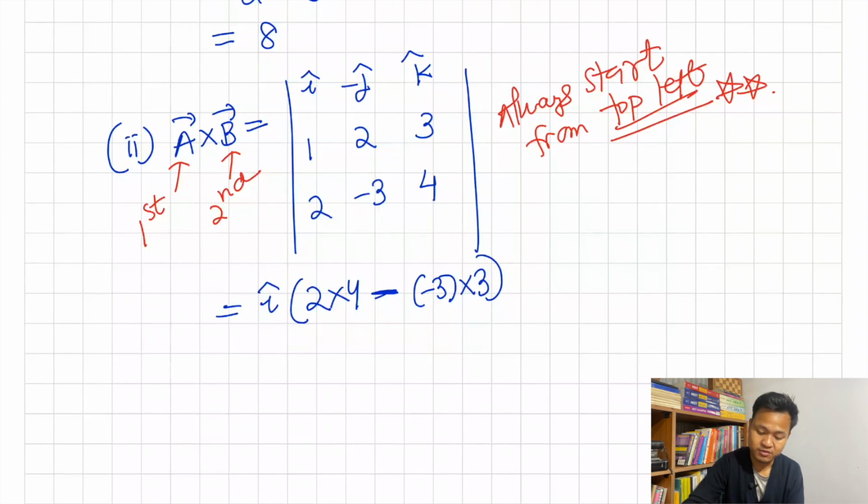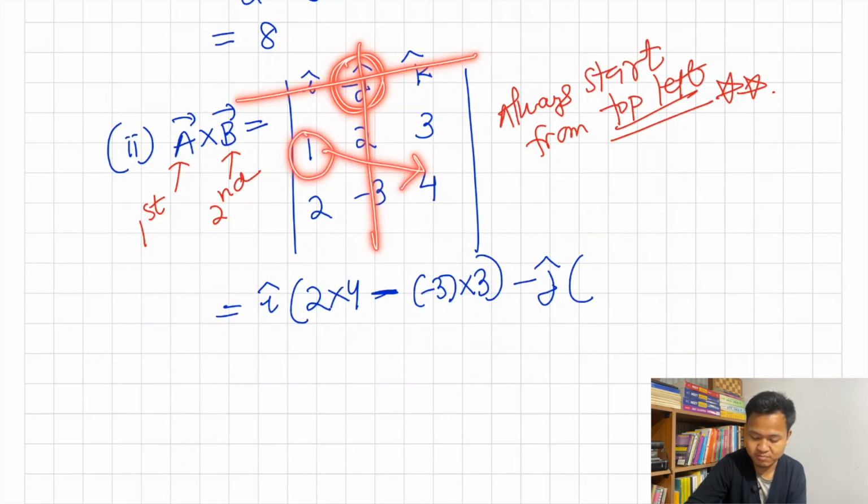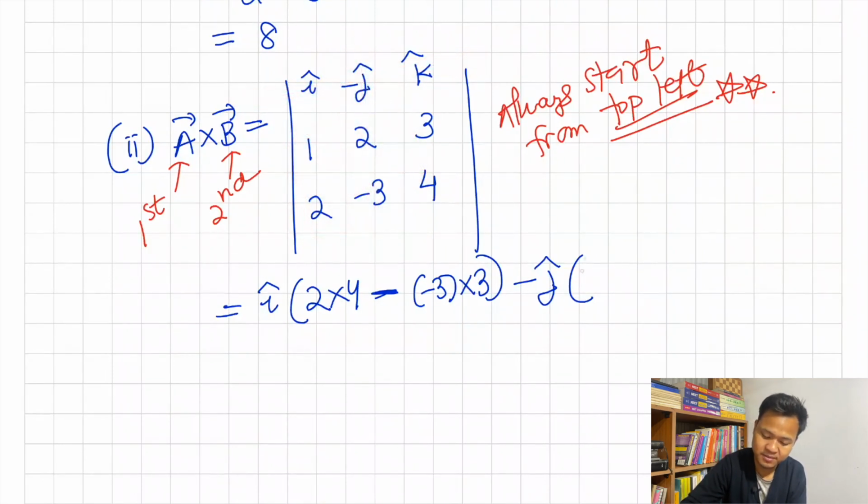Now you bring the second one, minus j. When I take this j, this row and column will not participate. Always start from the top left: this into this minus this into this. So 1 into 4 minus 2 into 3.